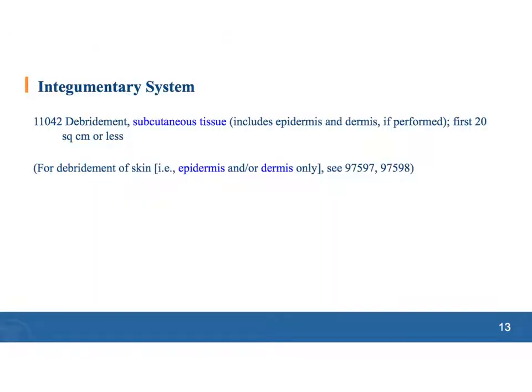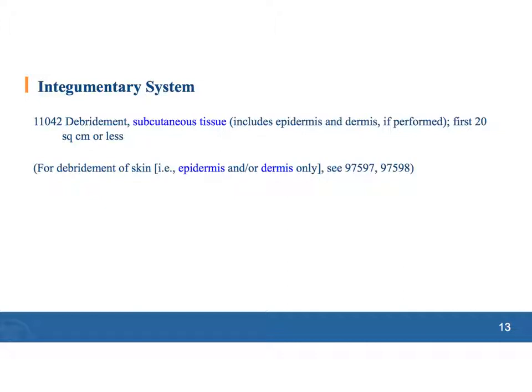Here is an example of a CPT code from the CPT surgery section in integumentary. All integumentary surgery codes are going to start with 1s, and those are the 10,000 series.